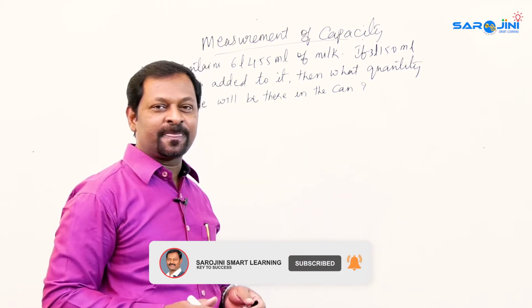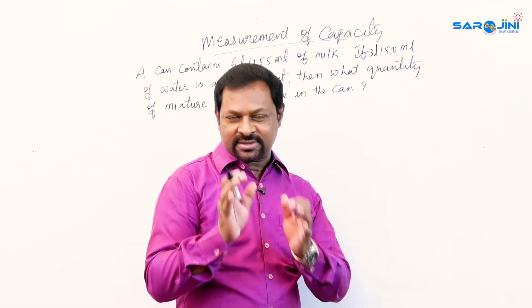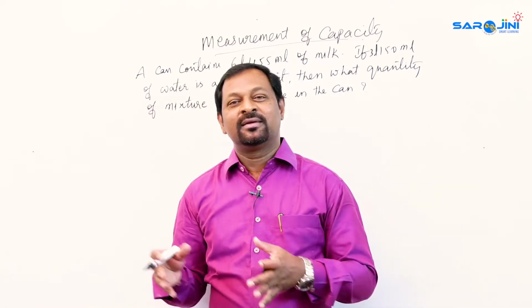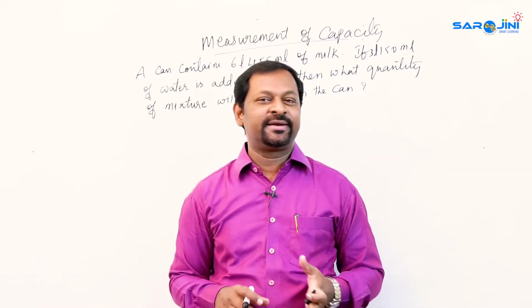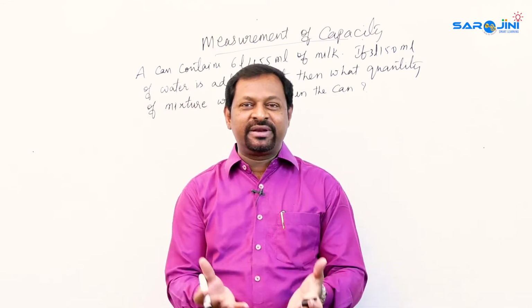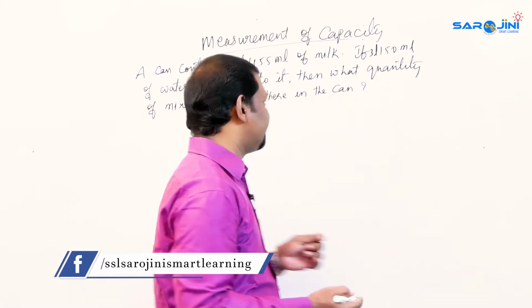This is the question. So you have to understand what is given. There is a can in which there is some milk, and in that milk we added some water. So now definitely the quantity of the liquid will increase because of adding it. That means this is an addition sum.